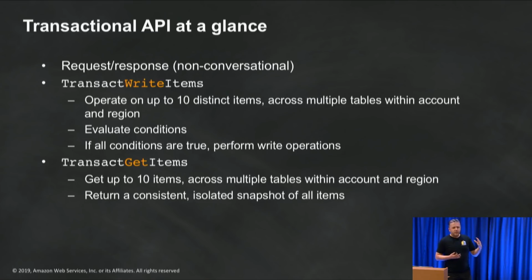So it's really versatile and flexible and allows you to put together a transactional request, send the request as a synchronous operation, and get a response back that's basically a success or a failure. TransactGetItems works much the same way. You can get up to 10 items back, same as for the TransactWriteItems API. The scope of these operations is any table, multiple tables in the same account within the same region.